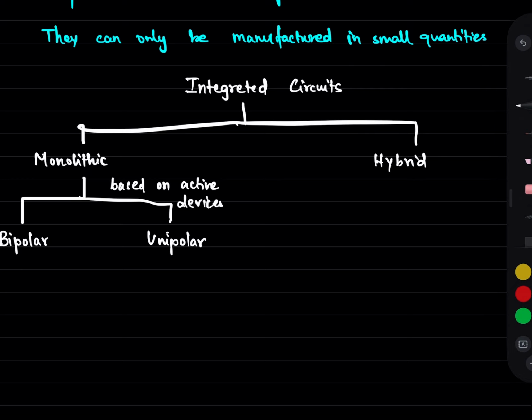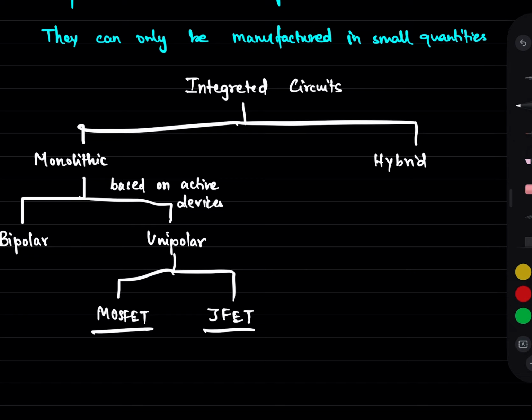If we use BJT, then it is called bipolar monolithic ICs. If we use FET as the active device, then it is called unipolar ICs. Unipolar ICs are further classified into MOSFET and JFET, metal oxide semiconductor field effect transistor or junction field effect transistor.